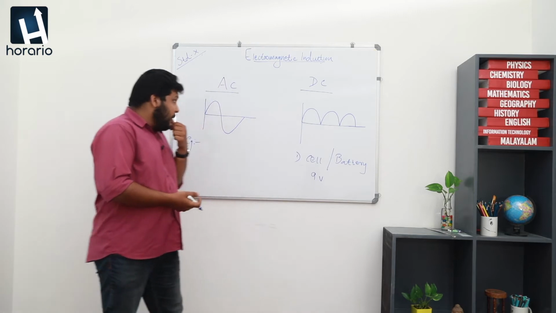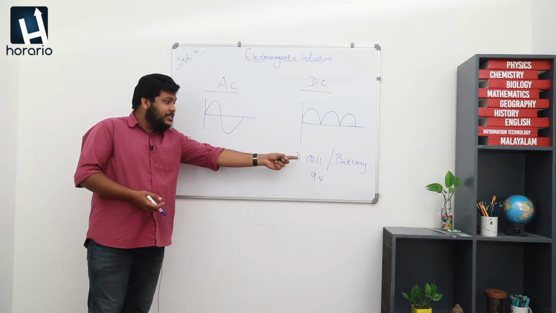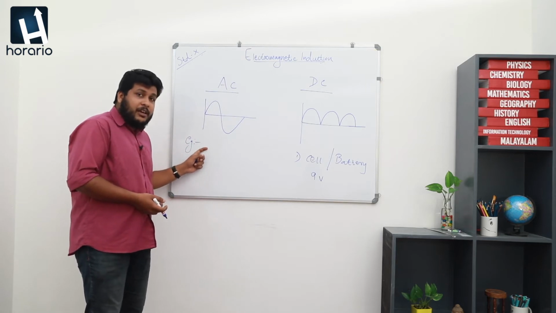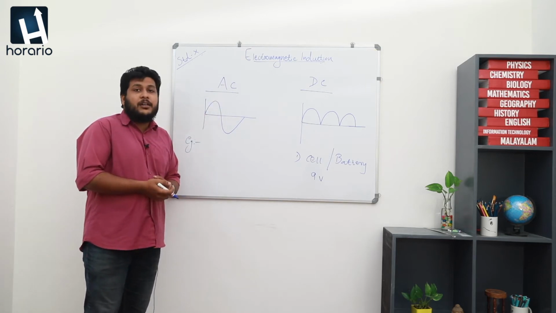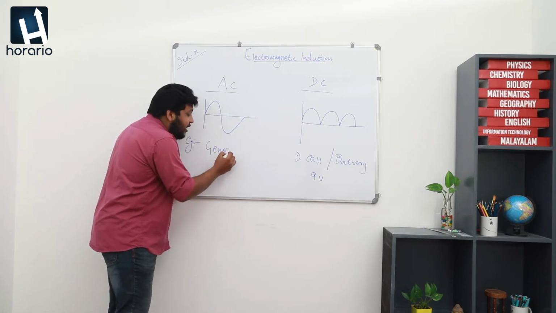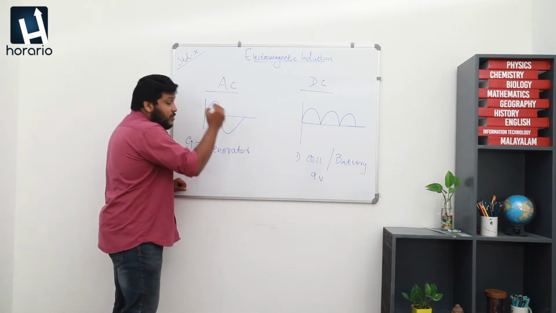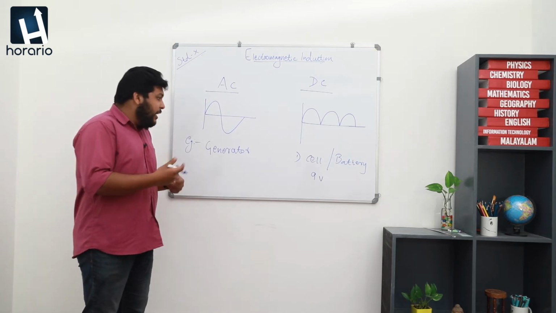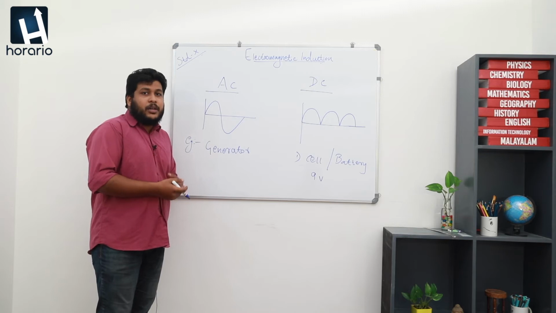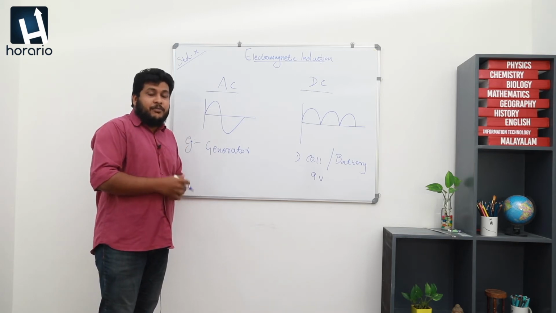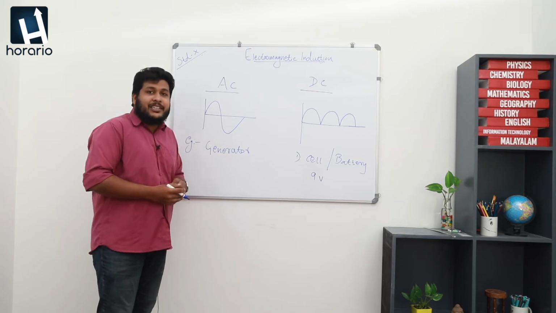Like the cell and battery for direct current, we can also give an example for alternating current, which is generally known as a generator. You all know that if any festival or occasion is happening in our house, for example a marriage, we want a large amount of electrical supply.